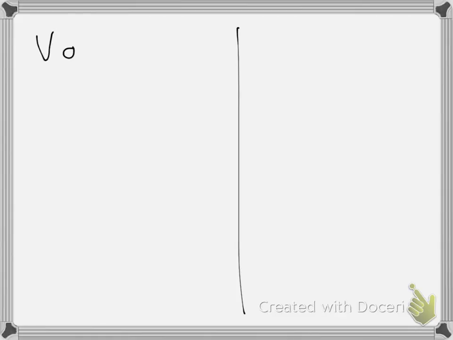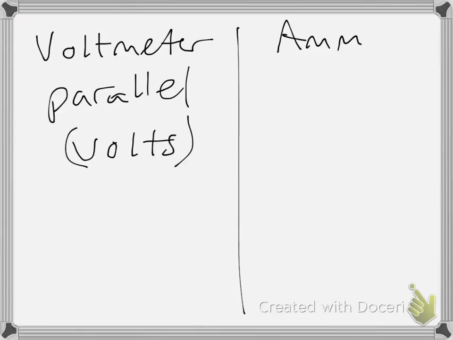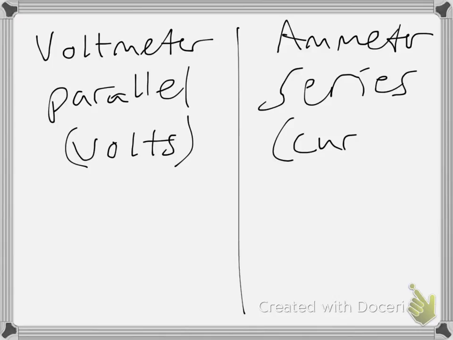So the voltmeter, I said, has to be done in parallel, and that means outside of the circuit, and it measures volts. Whereas an ammeter has to be done in series, and it measures current, which is amps or amperes.